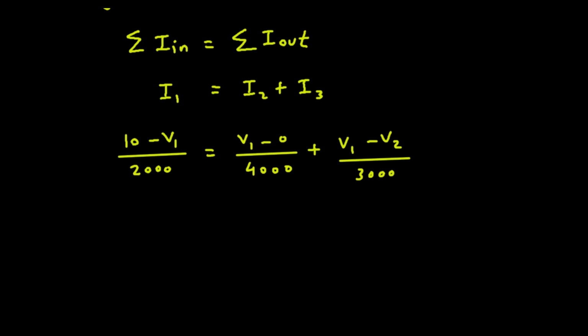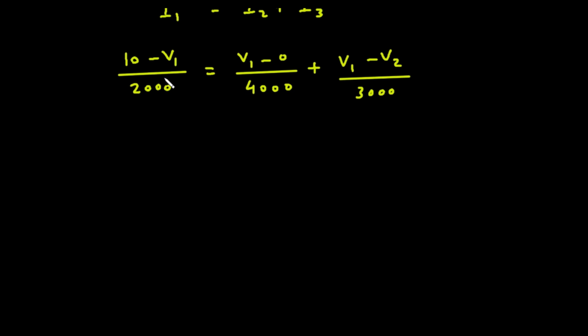Now let's simplify this. Here what we can do, we can multiply both sides by 1000.